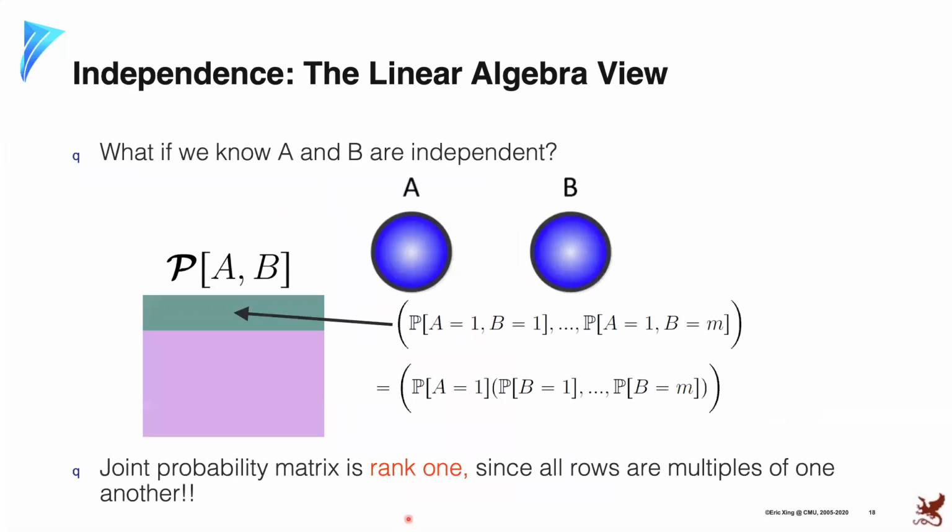But what if we know that A and B are independent? Then the joint probability matrix will be rank 1, because if we look at each row of this joint probability, it's just A taking one of the values and B taking all the other values. So all the other rows are just multiples of one another, and the rank of this joint probability matrix is just 1.